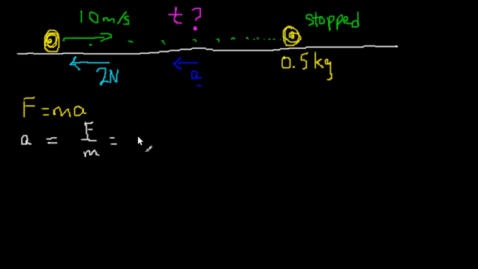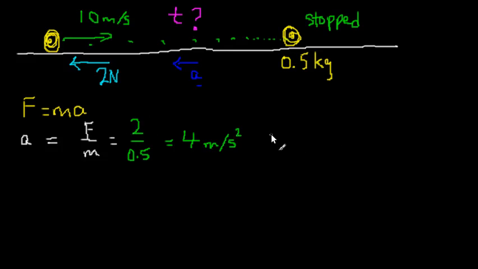The force is 2 newtons, mass is 0.5 kg. So 2 over 0.5, that would be 4. Acceleration has units of meters per second squared. So that's our acceleration, but actually it's a deceleration. I'll make a note of that.